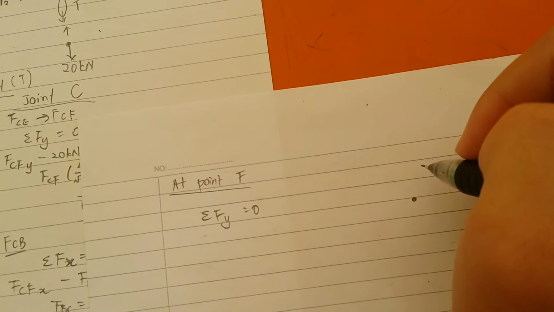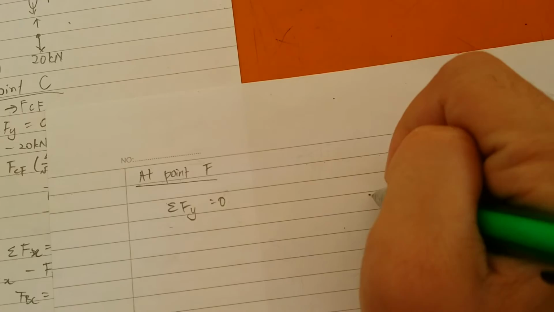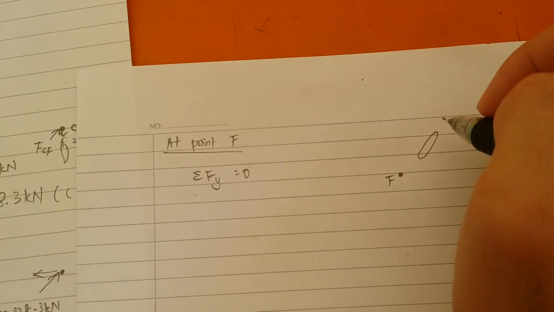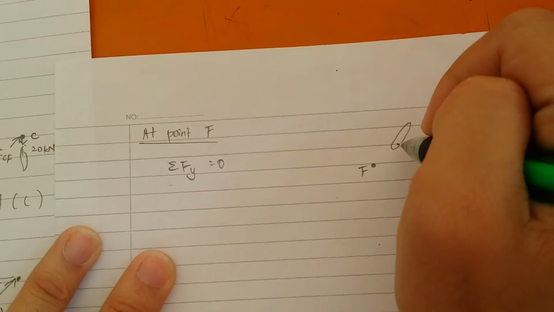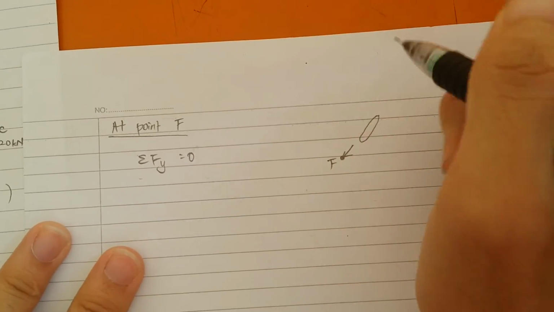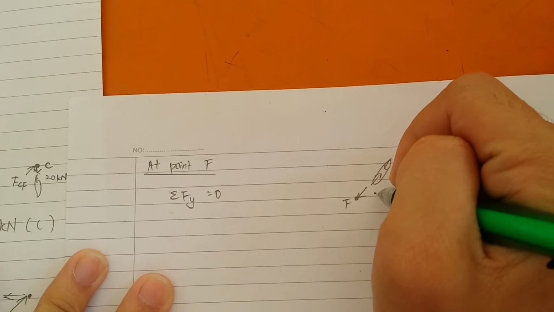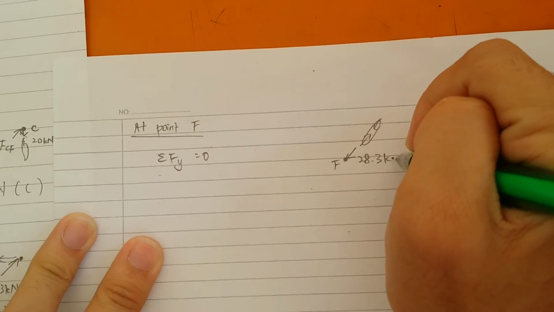Yeah. So the component CF is here. This is the F point, and then FCF is a compression, so the force and the joint are like this. Because it's compression, this should be 28.3 kilonewton.